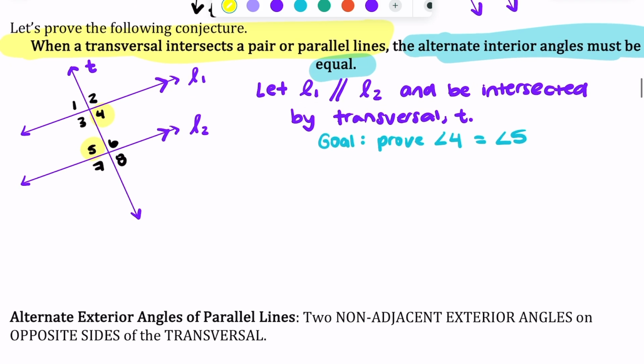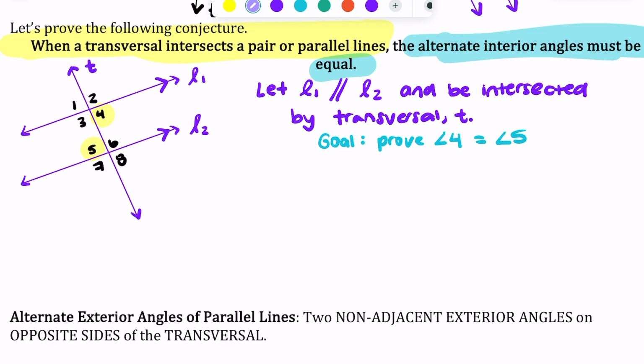Like I mentioned before, my goal here is to use the transitive property. AKA, I'm going to try and use two facts that connect to each other to come up with a third conclusion fact. Now, I'm looking at angle 4 and angle 5, and I'm trying to think of all of the angle relationships I know that exist in this diagram.